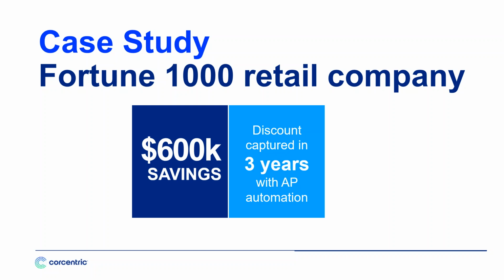That's a real bottom-line contributing dollar factor to the organization, simply because time, process, and discount opportunity captures were achieved. It's really that simple. We see companies every day missing these opportunities because they're not taking the time to review, improve the process, and streamline it into an electronic fashion.